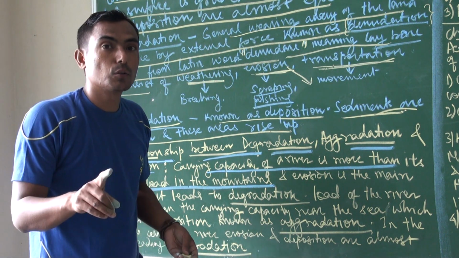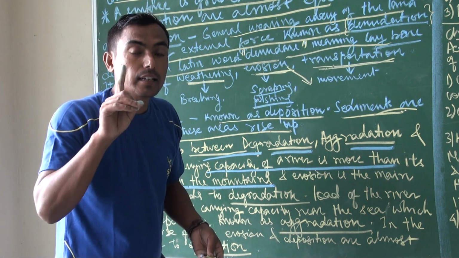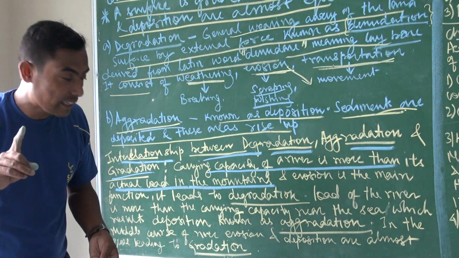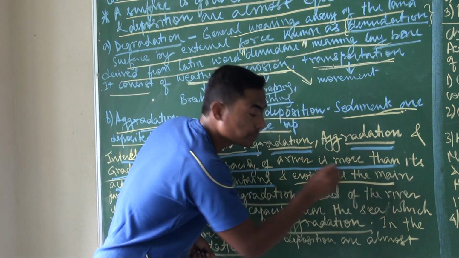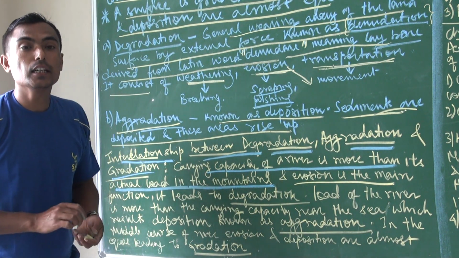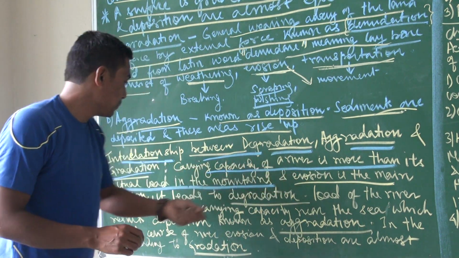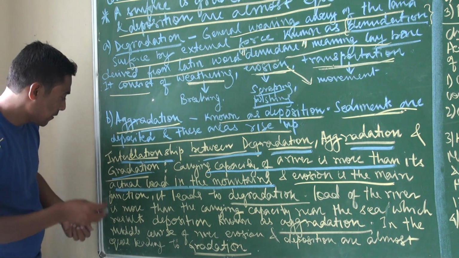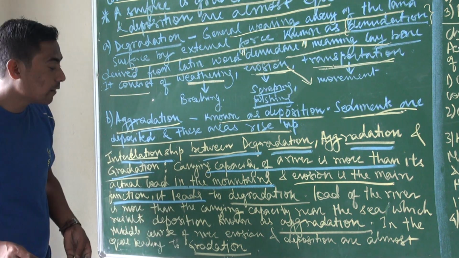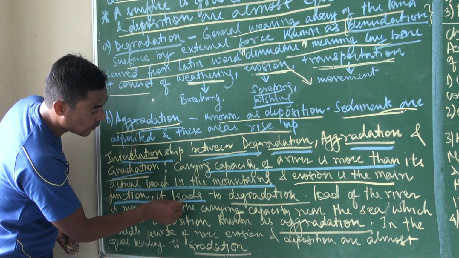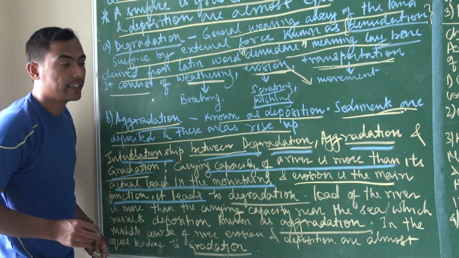As the velocity of the water increases, its carrying capacity also increases and results in erosion. So erosion becomes one of the main functions, which leads to degradation.